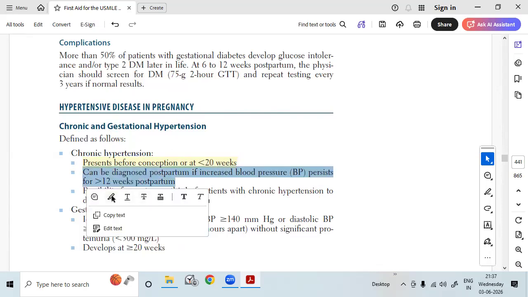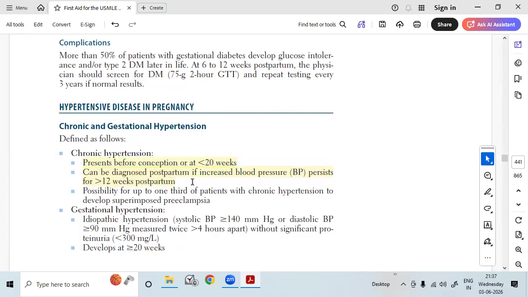Up to 1/3 of patients with chronic hypertension may develop superimposed preeclampsia.